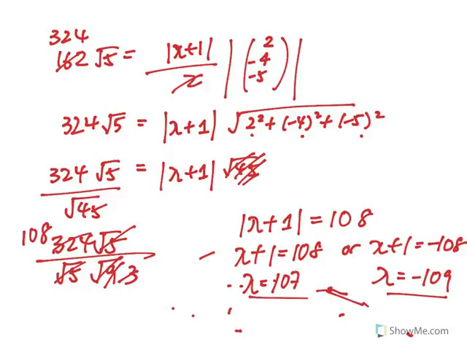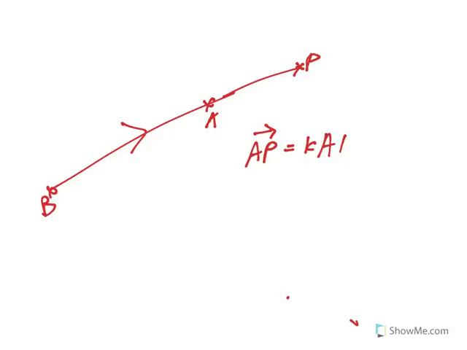However, you remember that P is on BA produced. This is B, this is A, and P is somewhere here, on BA produced. So this means that AP is a scalar multiple of AB. But if you take a look, AB is going in this direction, and AP is going in the other direction. So this likely suggests that your K is negative.